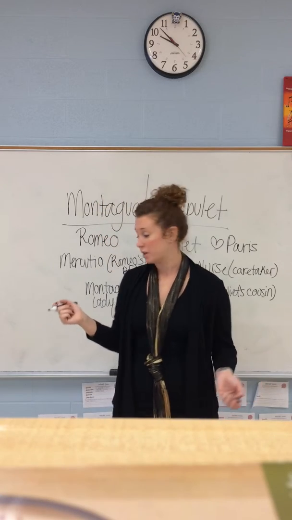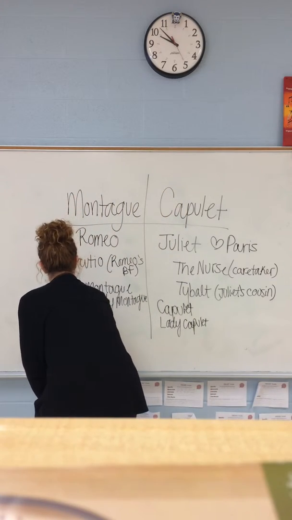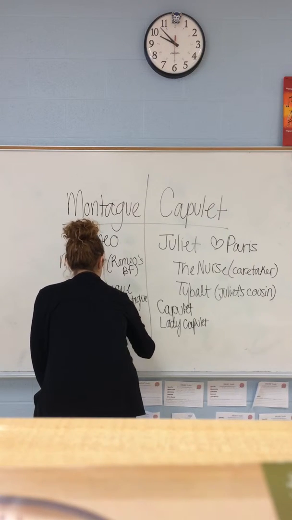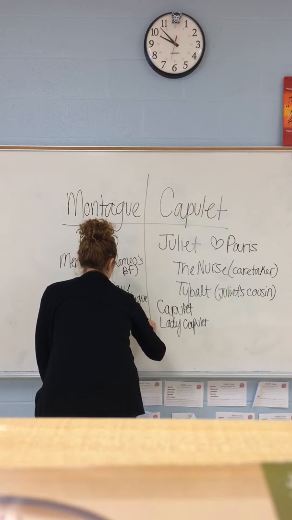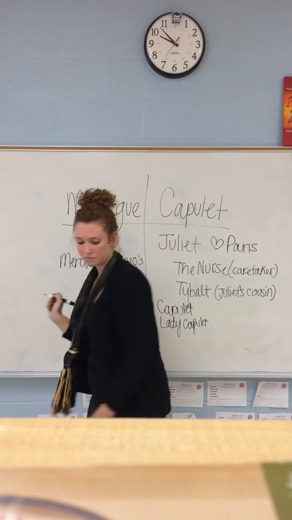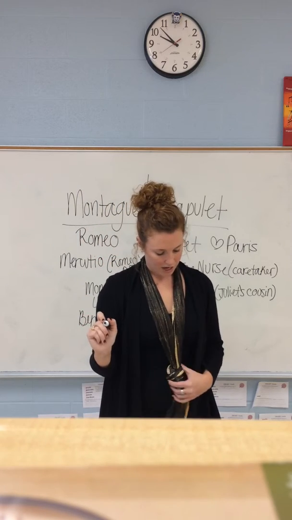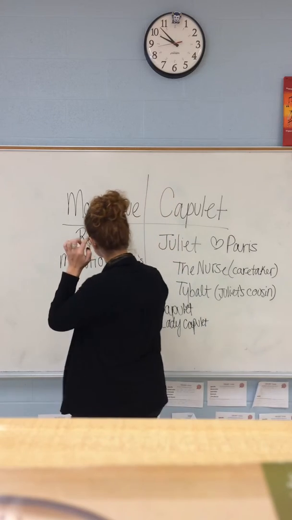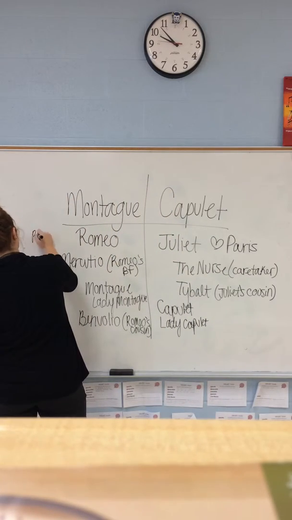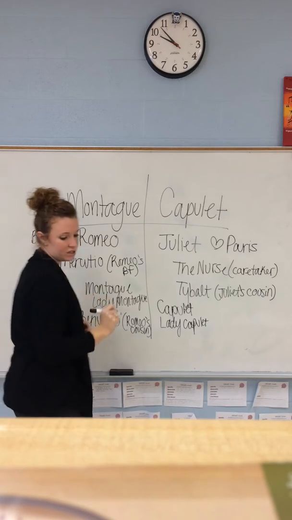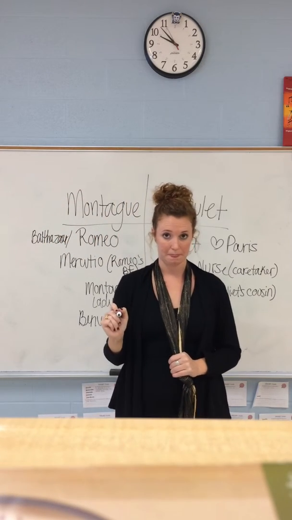Okay, then we have Benvolio, who is Romeo's cousin, so he goes on the Montague side. Okay, and then skip down to the bottom where we have Balthazar, and he goes on the Montague side because he is a servant and close to Romeo. Okay, so he is Romeo's servant and close to him.